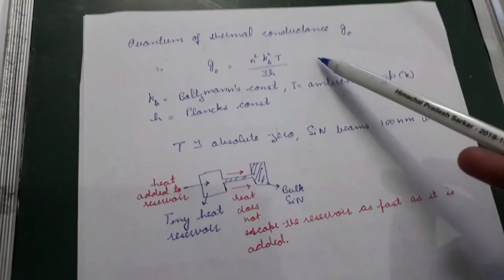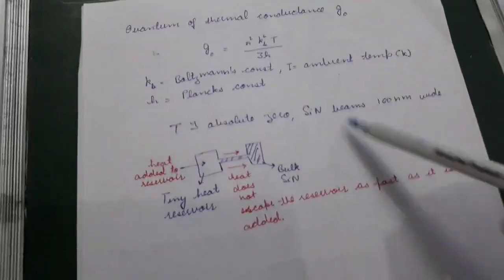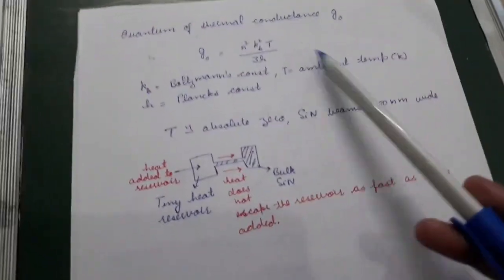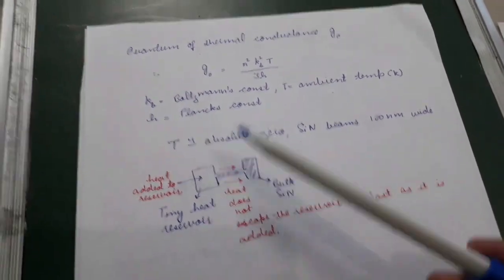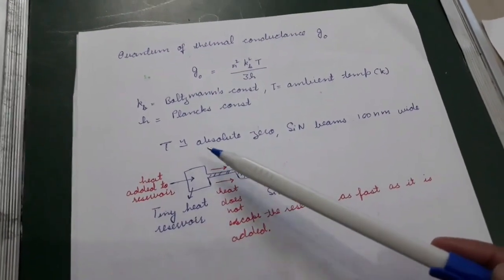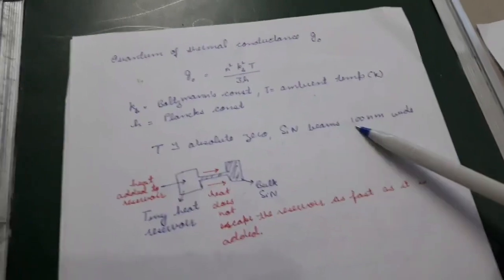As we were discussing, the thermal conductance will be quantized, and the quantum of thermal conductance will be given by this factor. It is not very easy to see quantization of conductance. It can only be observed at very low temperatures, near absolute zero, where the silicon nitride beam is around 100 nanometers wide.